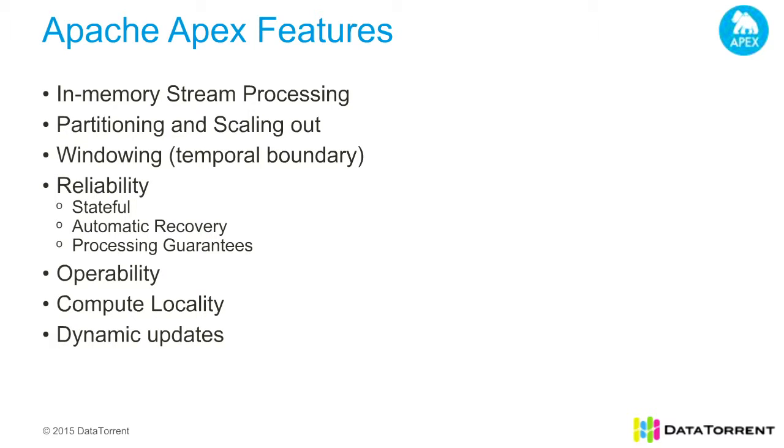Compute locality, we call them, the way you can arrange compute functions in different containers in the distributed systems, optimization to collocate things in containers and in threads. It also supports dynamic updates, changes at runtime. This is for elasticity in partitioning, but also for dynamic plan changes and configuration changes.